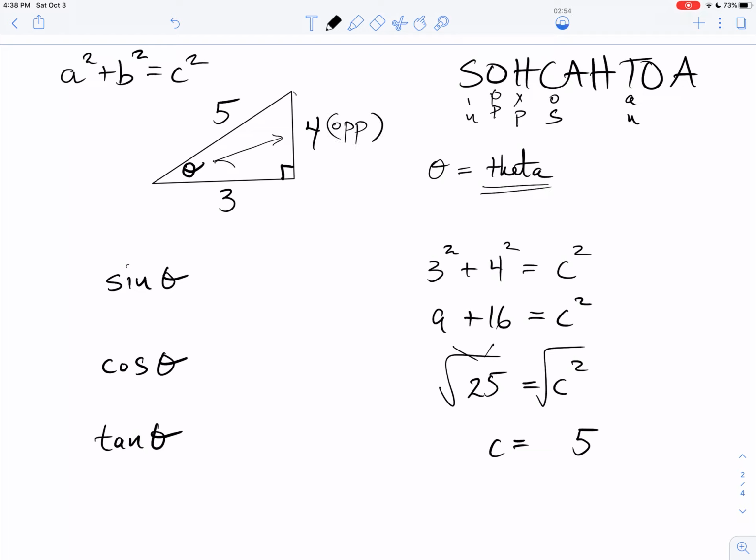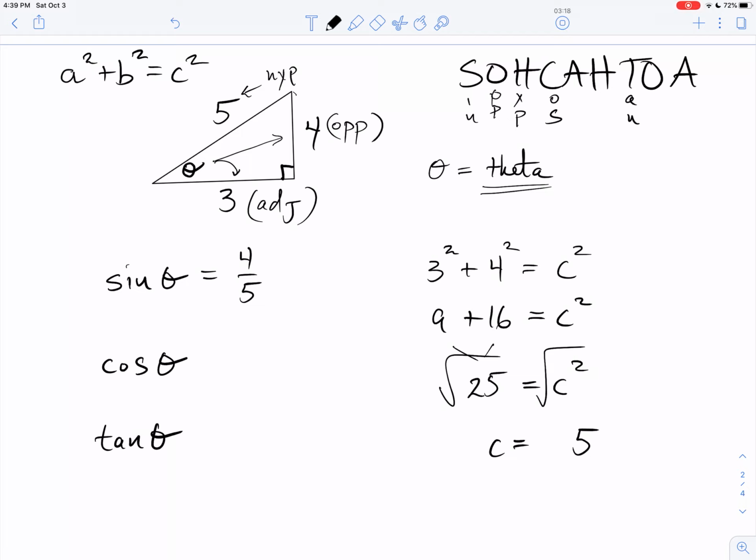This guy over here would be adjacent. And of course, the longest side and the side opposite our right angle is going to be our hypotenuse. Opposite over hypotenuse. I am done.